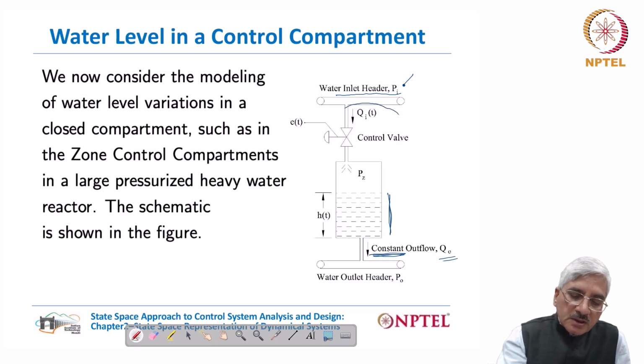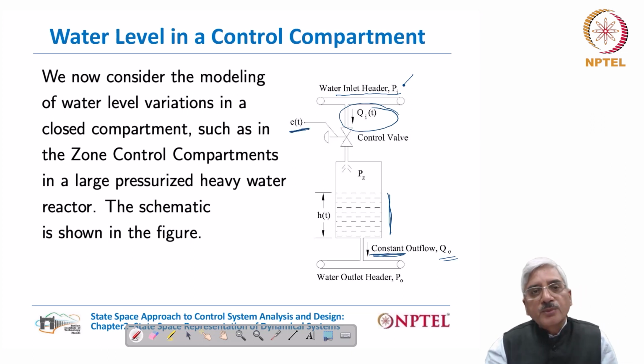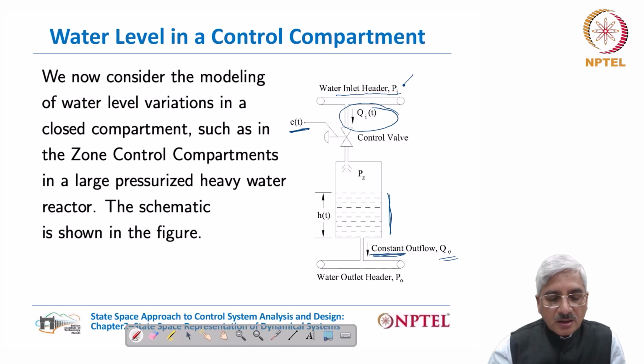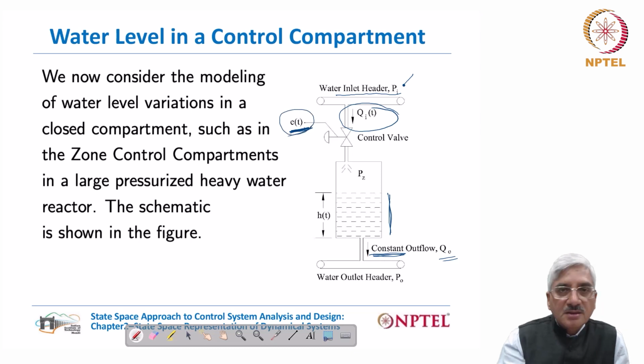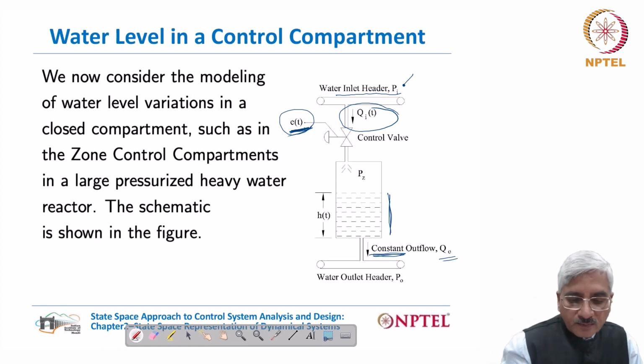Inflow, of course, can be varied depending upon the proper positioning of the control valve. So the positioner of the valve is impressed with a time dependent signal E(t), or the input to the system is E(t). And because of that coil current in the positioner, the pressure on the actuator changes, which we saw in the modeling of the control valve earlier.